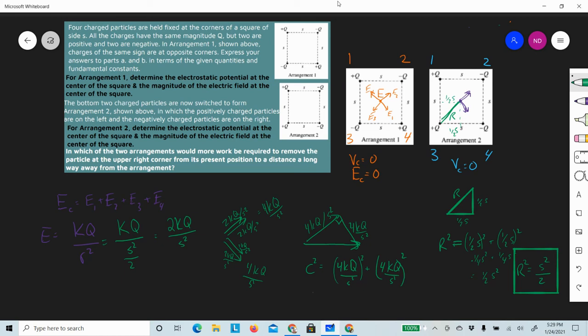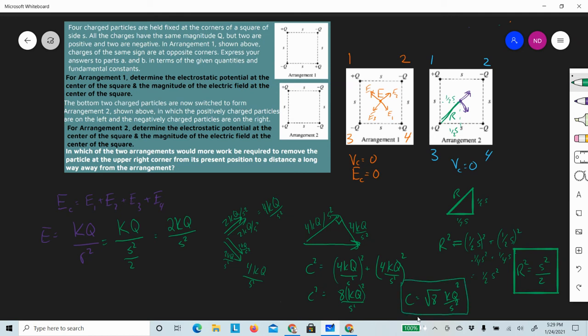That's essentially C squared equals 8KQ squared over S squared. Take the square root of all of that. C is going to be the square root of 8 times KQ squared over S squared. And that is the resulting vector.